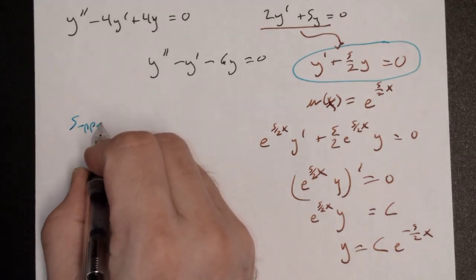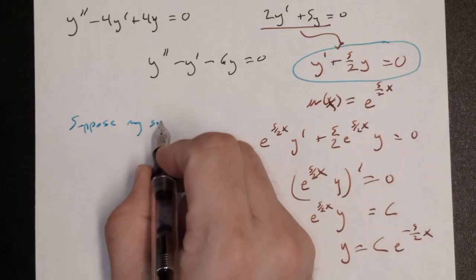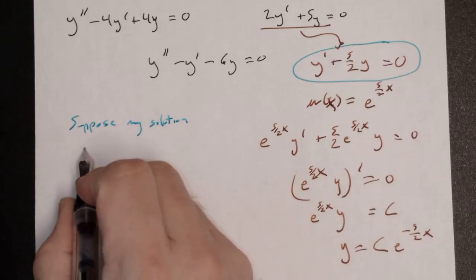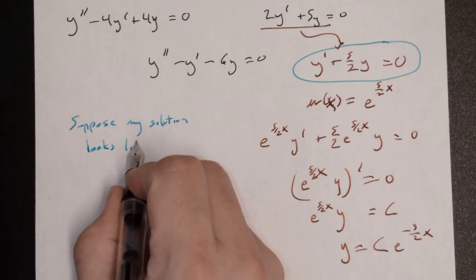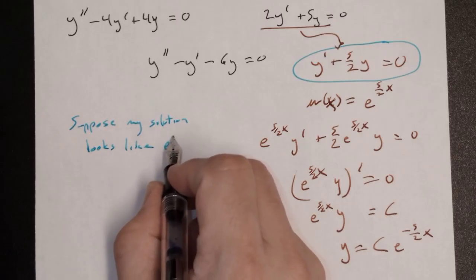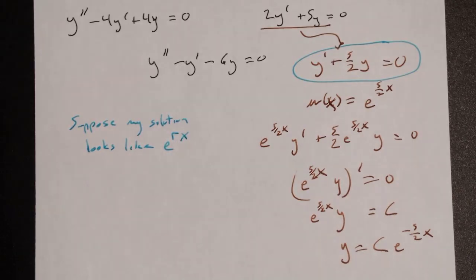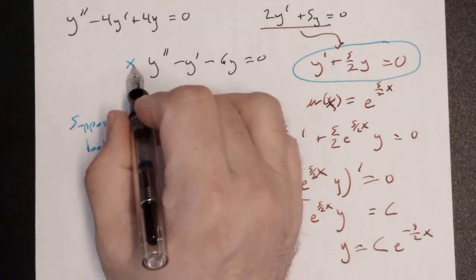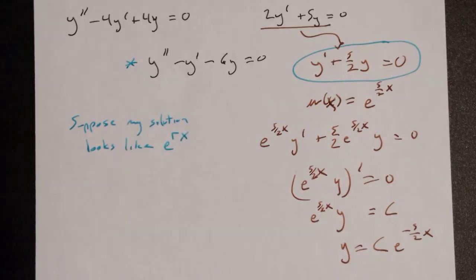Suppose my solution looks like e to the number x. That's what we got, right? E to the number x. So let me make that assumption even for the second degree equations. Let's go with this one right here. So I'm going to say this is my y. What's y prime? What's y double prime?